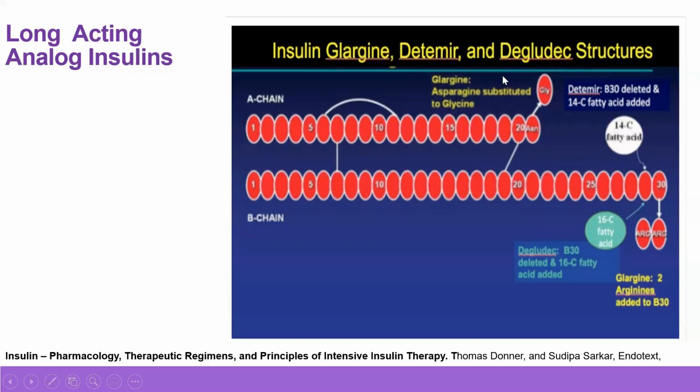So there is glargine, which is basically a modification in the A chain, detemir, which is basically an attachment of a fatty acid, and degludec, which is also an attachment of a fatty acid. So there is a change in the amino acid sequence with glargine. You don't have to remember all these details, but you have to remember that all the designer insulins are some kind of modification of the normal human insulin chain.